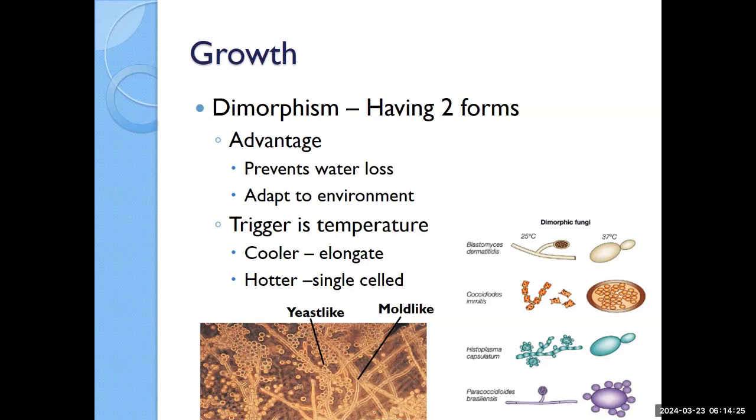But as things get hot, say 37 degrees Celsius or 98.6 degrees Fahrenheit, they will adjust their structures and separate out into single-celled components, like yeast. This allows them to decrease their water loss. And so these special species that are dimorphic have a better likelihood of surviving in an ever-changing environment.